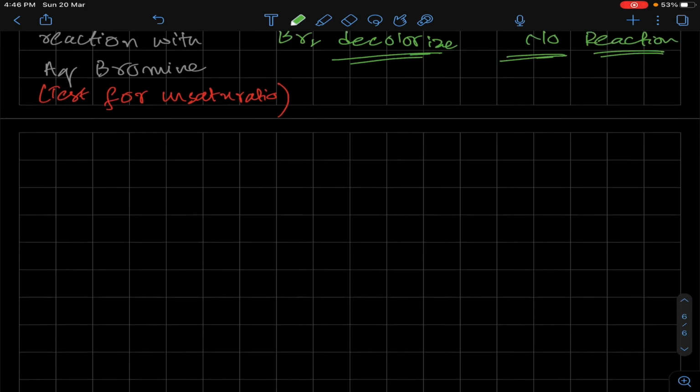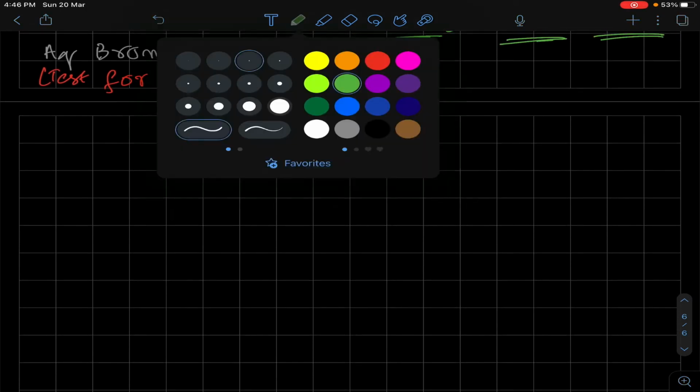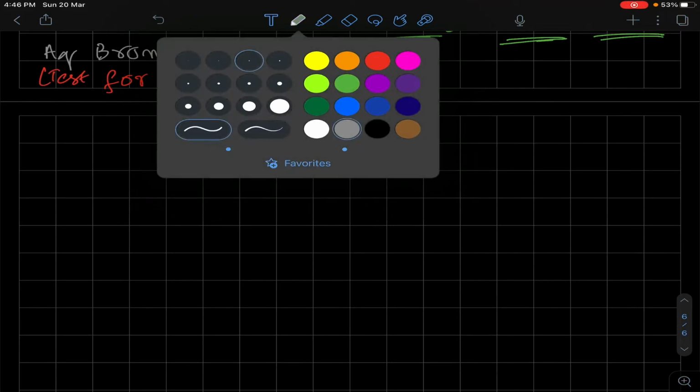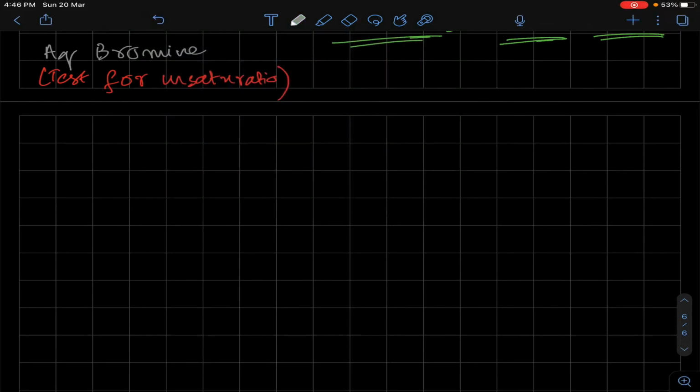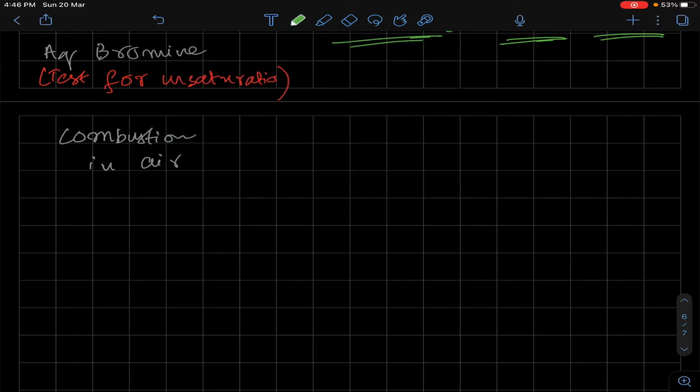So this is a clear indication that we no longer have an unsaturated compound, right? And lastly, the reaction of both the monomer and the polymer with air: combustion. When ethene reacts with oxygen present in air, it burns to give CO2 and water.